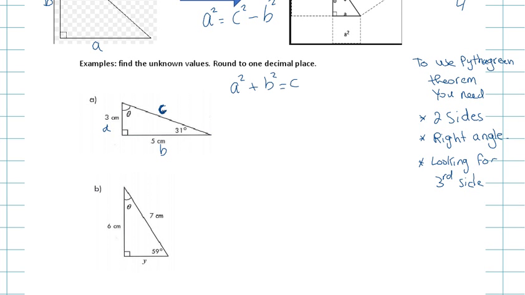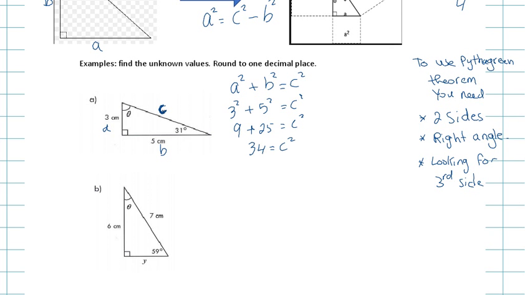All I have to do is plug my values into A and B. So A is 3. And then I know that C squared is 34. Am I done? No, I'm not done, because I didn't find C yet, I found C squared.